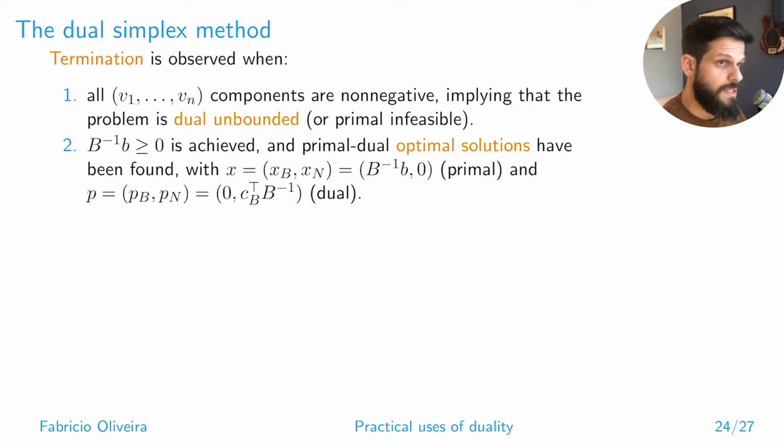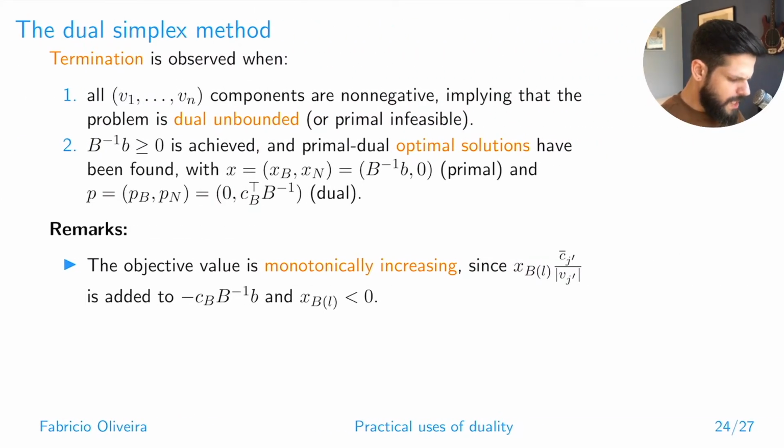And that means that you found primal feasibility while maintaining dual feasibility. So primal feasibility plus dual feasibility means optimality. So you found a primal-dual optimal solution, which has this form: the x like so, with basics and non-basics, and the values of your dual variables become like so for your basic and non-basic variables. Okay, and that's it.